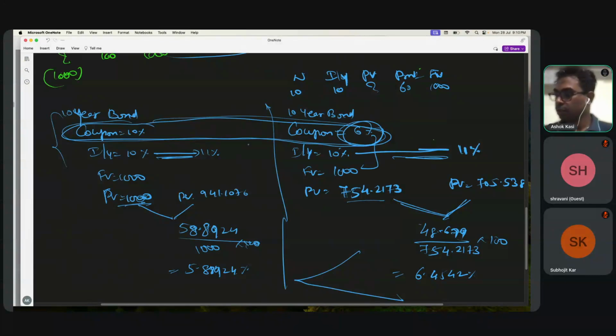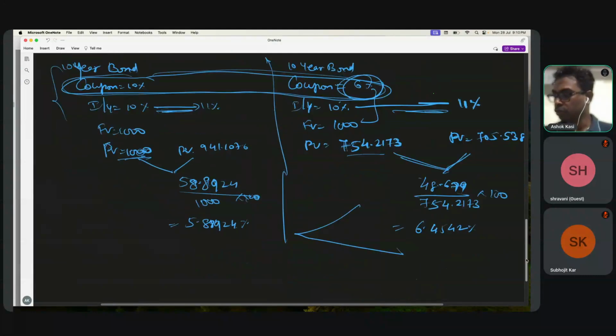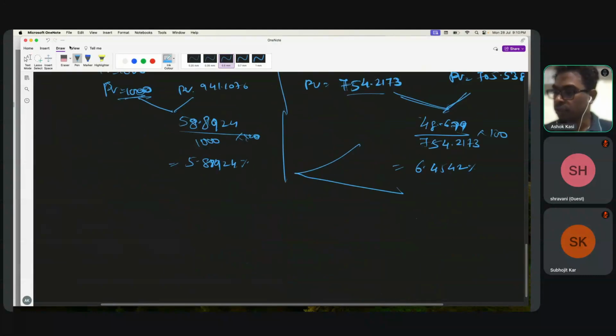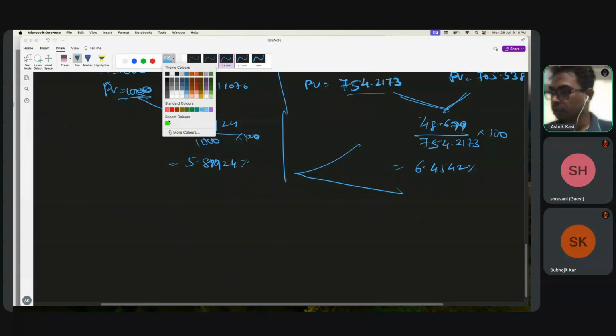If you want, you can check for when the interest rate comes down. Let's do that also. Now we have seen for the interest rate going up, right? Now we'll see what if the interest rate comes down.